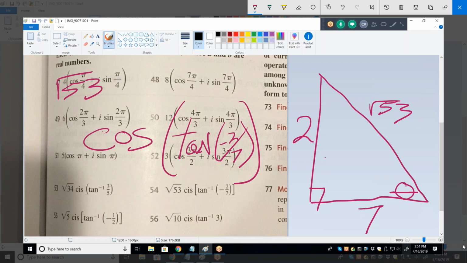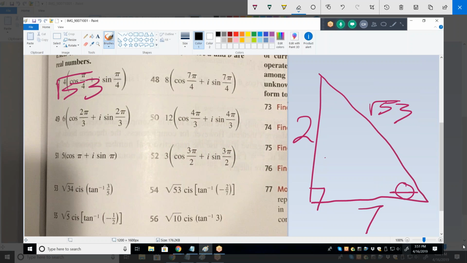So we don't know what theta is, but we do know that it is a fourth quadrant angle. What is the cosine of a fourth quadrant angle going to be? Positive or negative? Positive. So now we do know that the cosine of that fourth quadrant angle is positive.